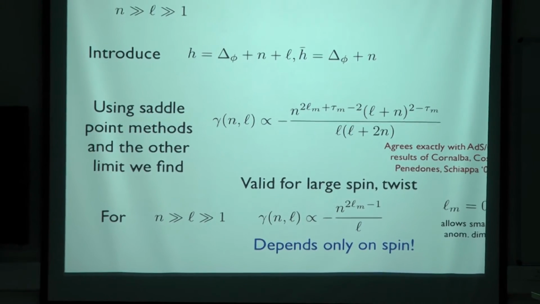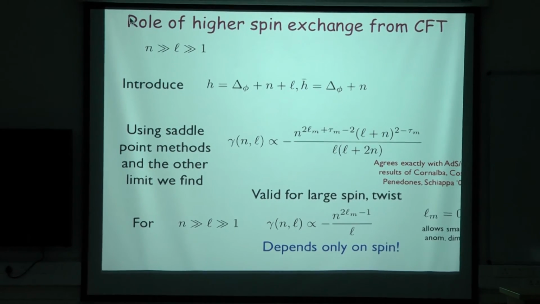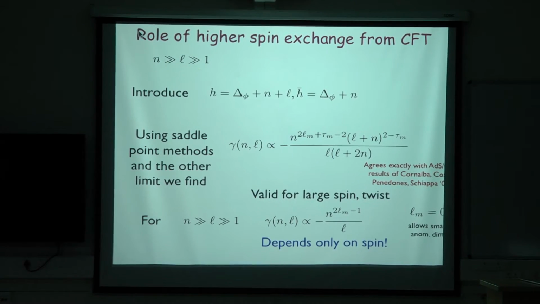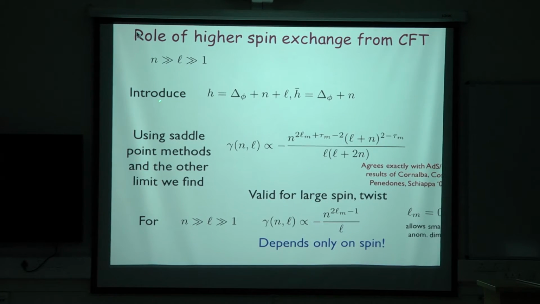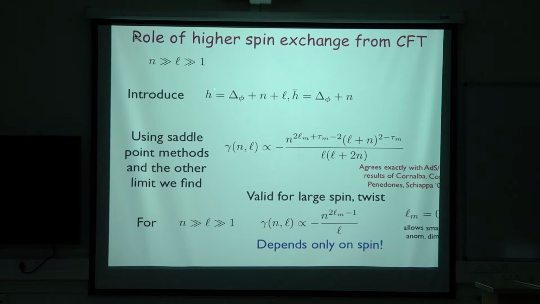But let me just briefly focus on what happens in the other interesting limit, which is when the twist is much bigger than the spin. Now, in this limit, it turns out that it is useful to make a change of variables in terms of h and h bar. So h is roughly speaking n plus L, and h bar is roughly speaking n, because I'm going to be in this limit where n is much bigger than 1.